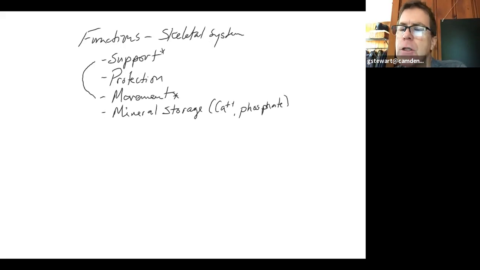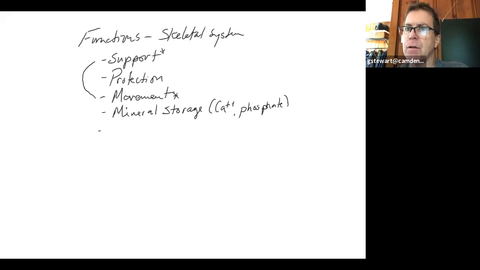Calcium is the most used mineral in the human body. We don't make it, we have to ingest it, but we use it so much for almost all functions in the human body that we need a vast, vast supply. And so our bones are an area of stored calcium in the event that we don't have calcium readily available to ingest.